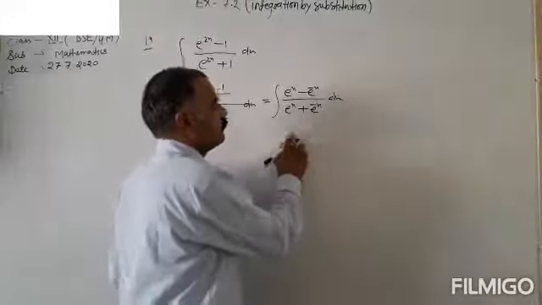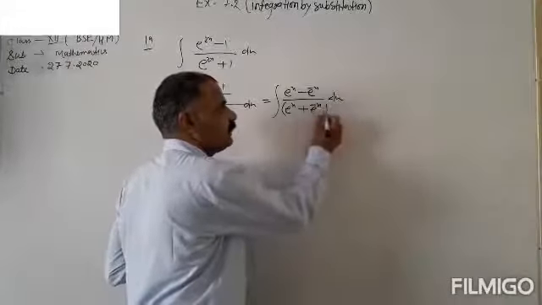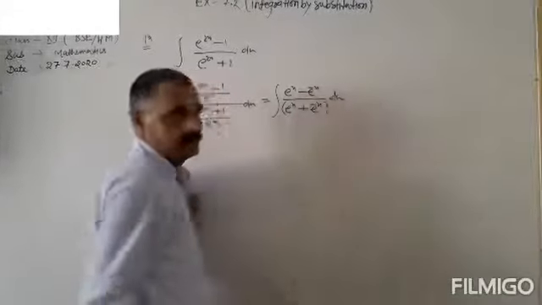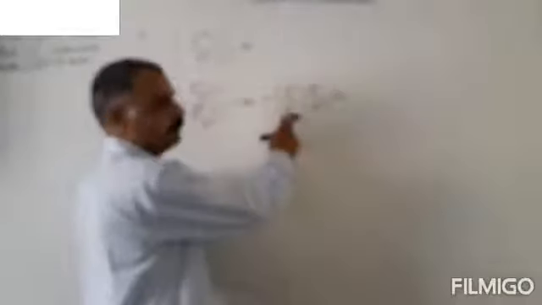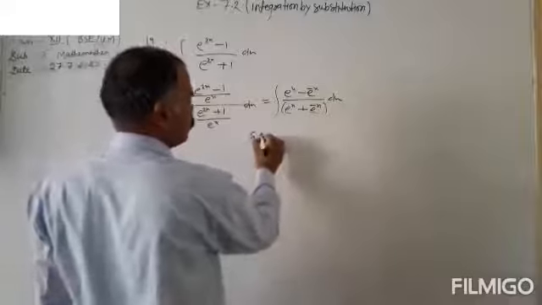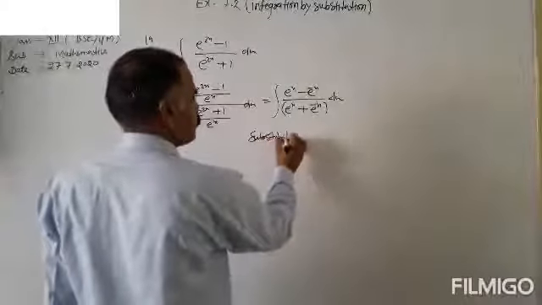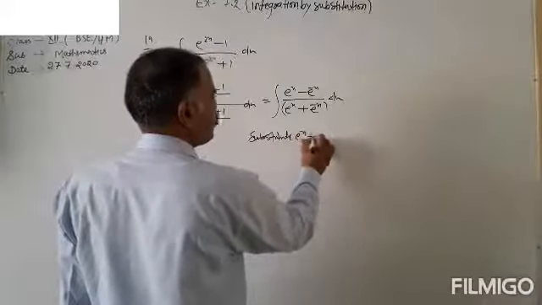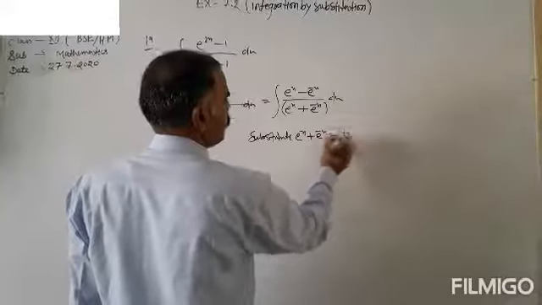Now the differentiation of the denominator is the numerator. So substitute e to the power x plus e to the power minus x equals t.